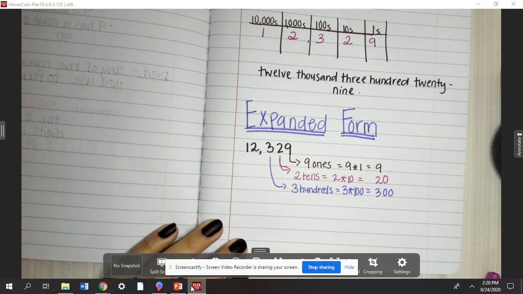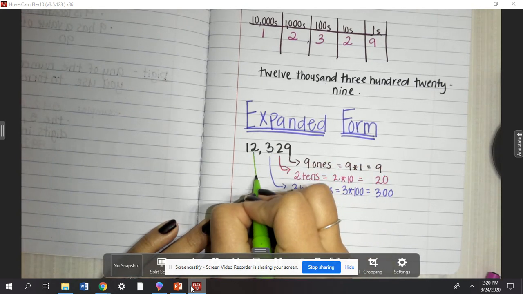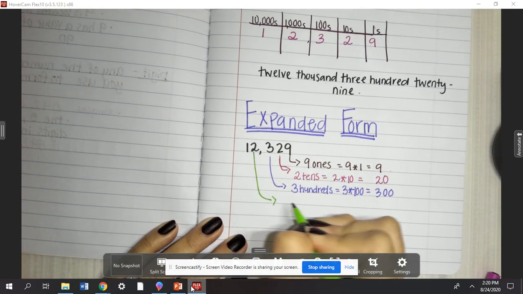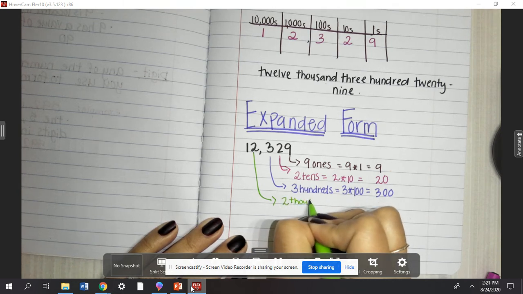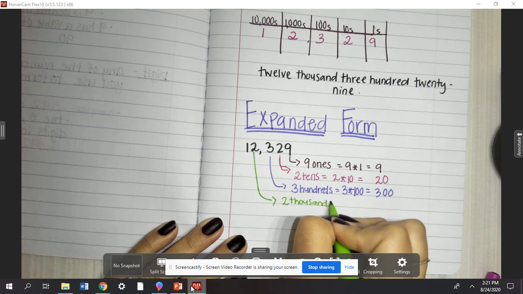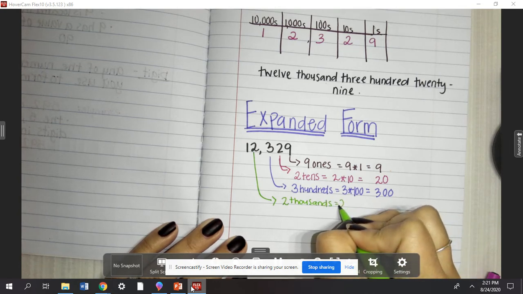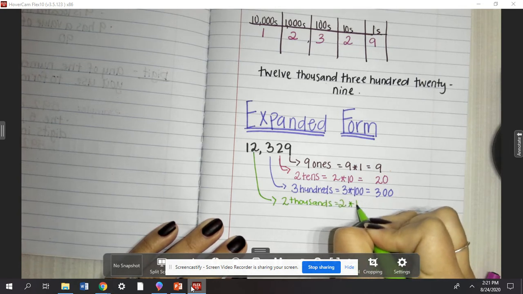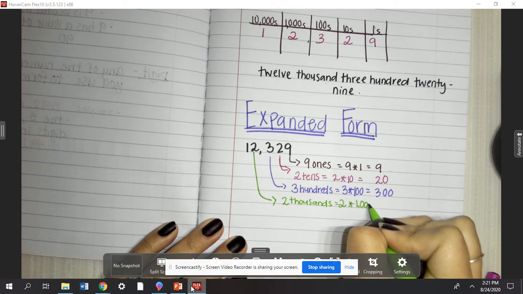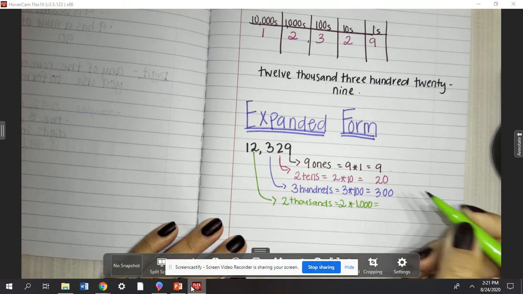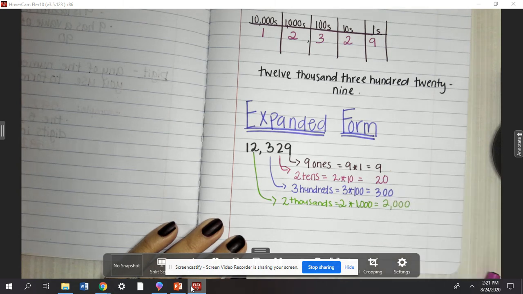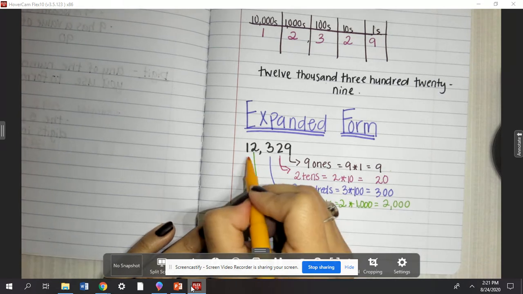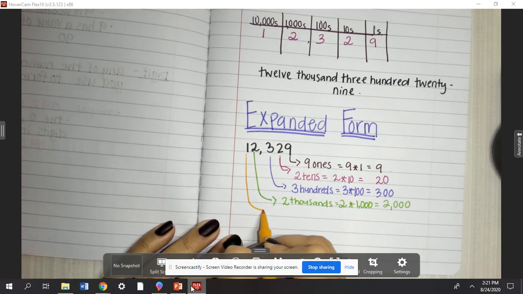Going to the next one, in my thousands, bring my arrow here. I have 2,000. That is the same as 2 times 1,000. And if I multiply 2 times 1,000, I'm going to get 2,000. And then the last one we're going to look at is in the 10,000s place.